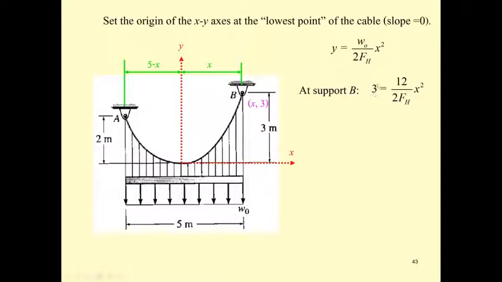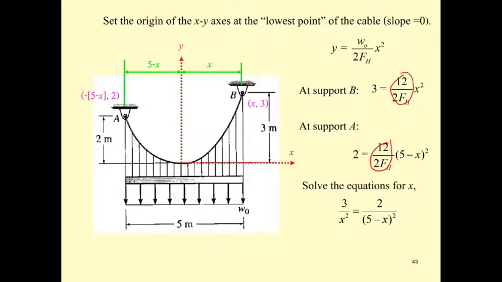At A, you move here, that's going to be 5 minus x, and since it's in the negative direction, it's minus of 5 minus x. Go vertical for 2 meters, so you get 2 equal to this guy with 5 minus x squared. The same thing that we had before, these two are equal, so you put them together as in the previous example and you get the same x.